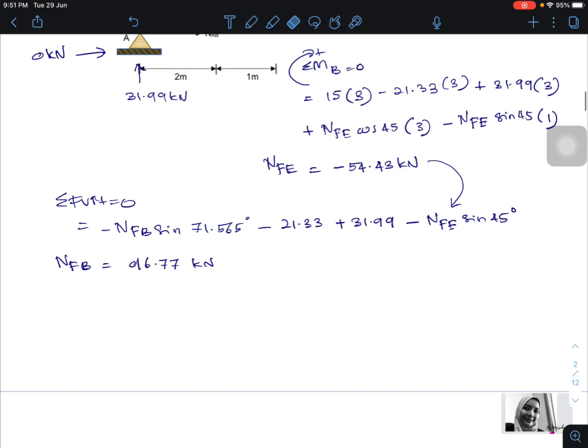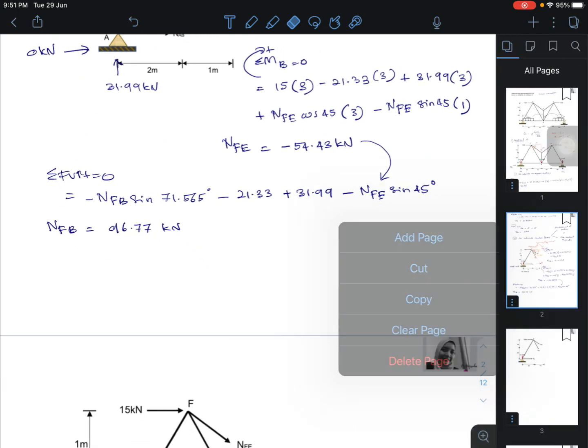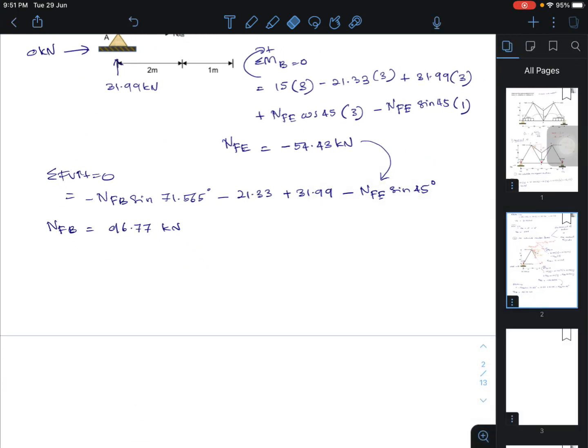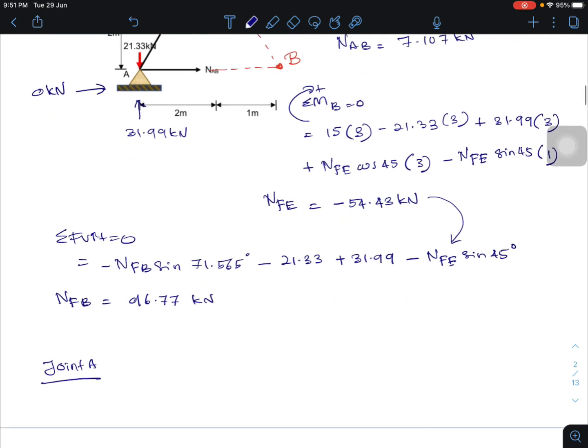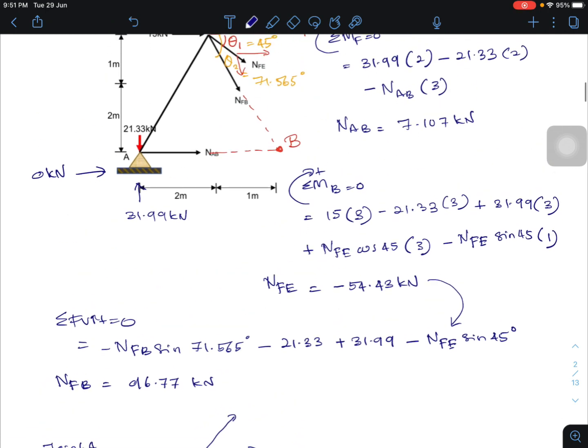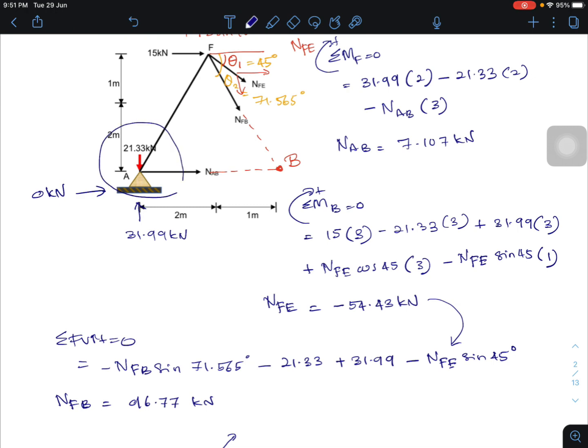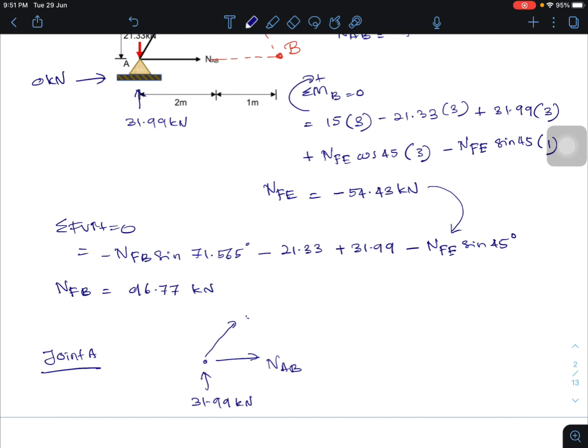So we choose joint A. So we need to draw the free body diagram. So it has 31.99 kilonewton for VA. This one is NAB, and this one is NAF, sorry.